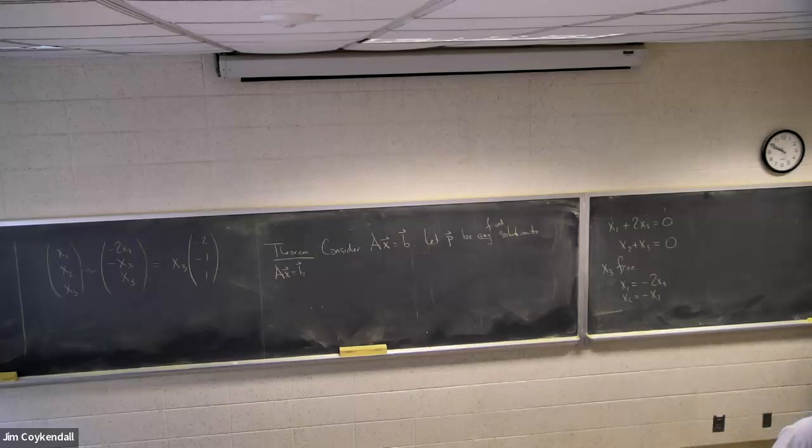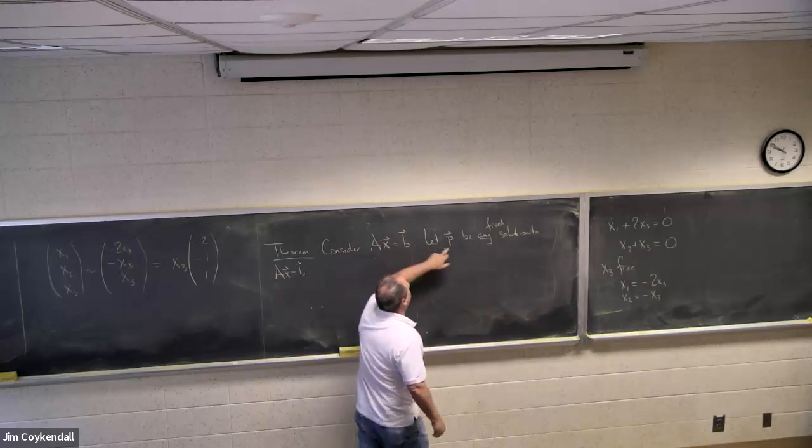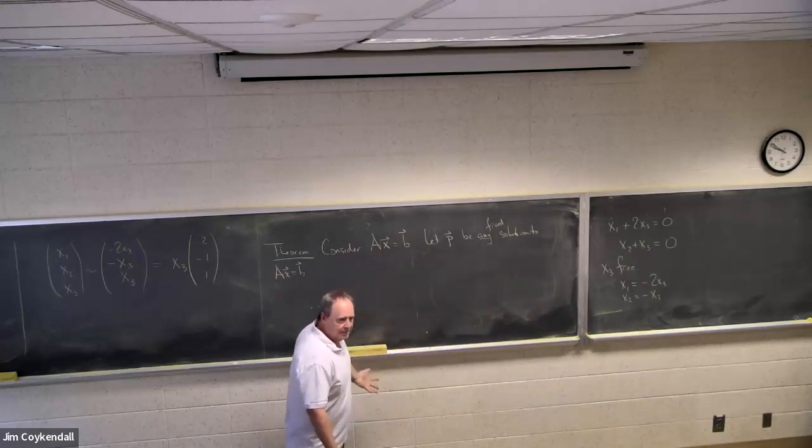Suppose you're just lucky and you can guess and check and you get a solution. So this means that A times p vector is b vector. Am I cool with that?